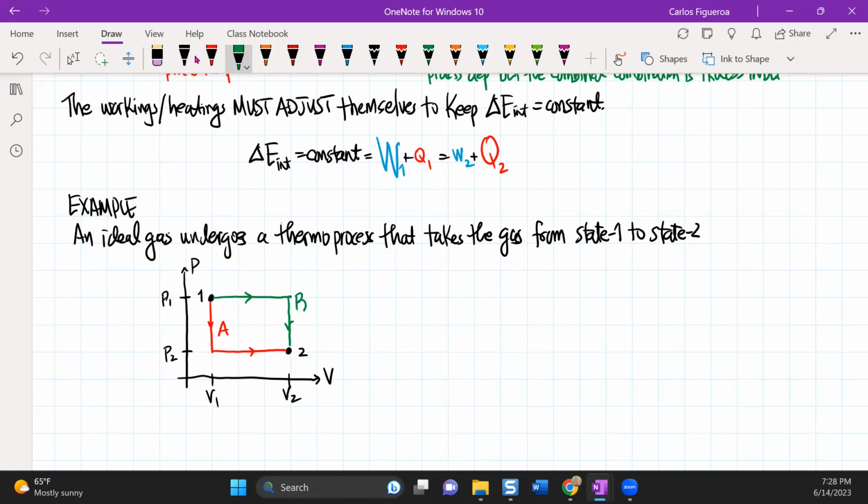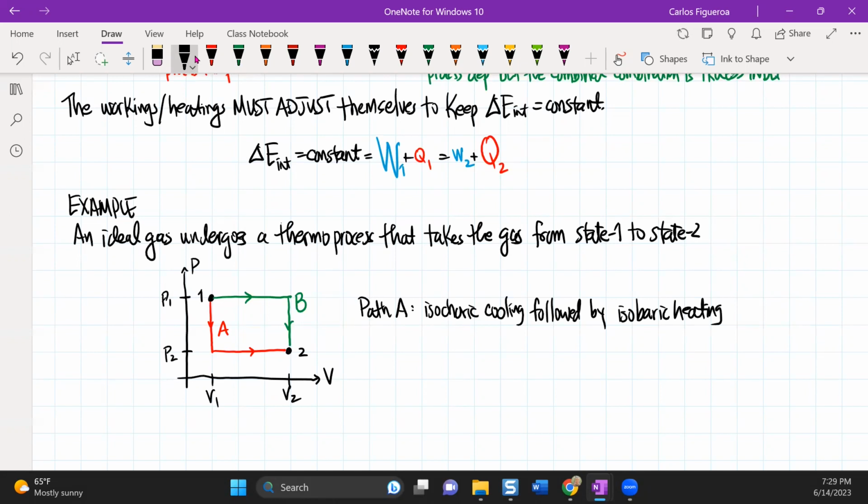I'm going to call that B. What I'm seeing in path A, or process A, is that I'm going to have isochoric cooling followed by isobaric heating.